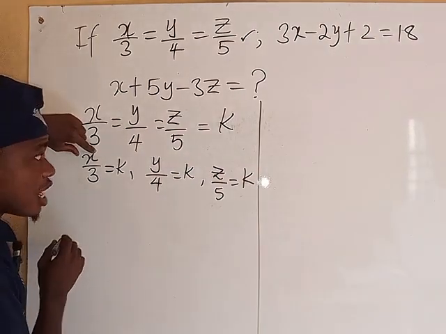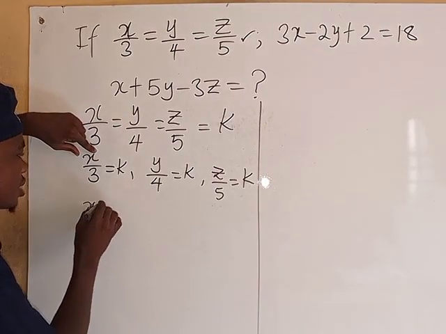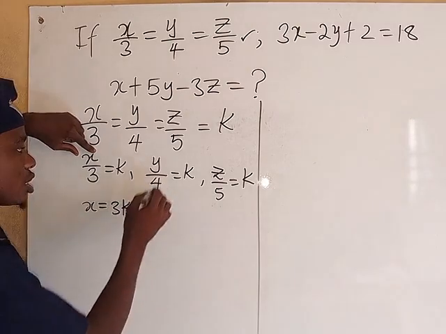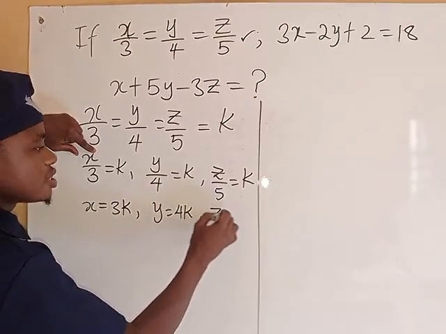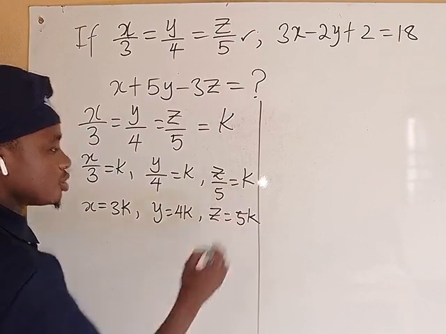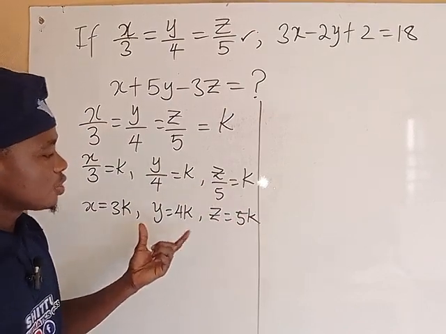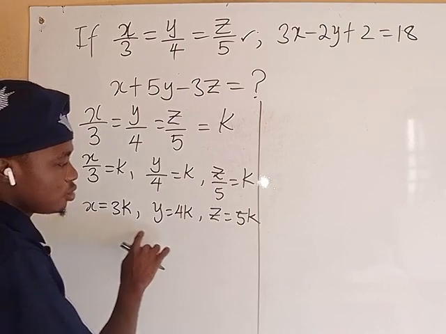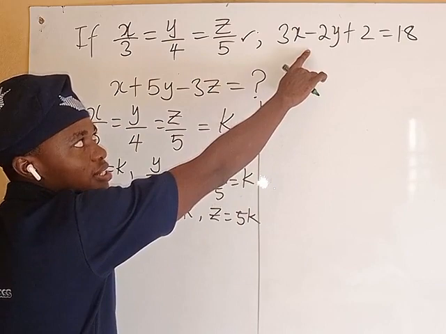Making x the subject of the formula, we have x to be 3k, y is 4k, and z is 5k. Are you following? Now the next thing we are going to do is put all these values of x, y, and z into this.